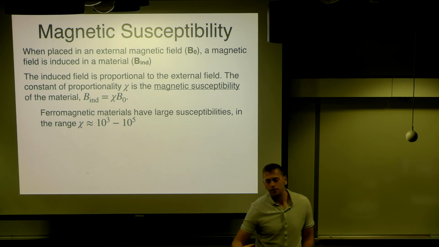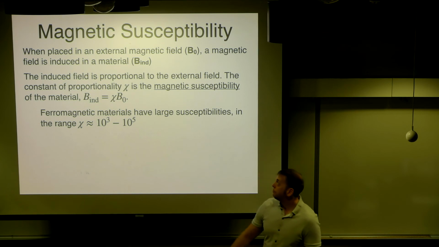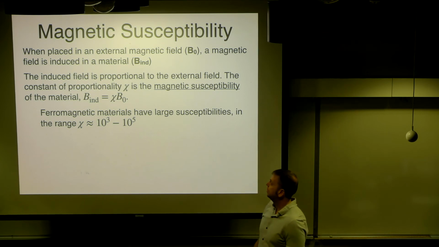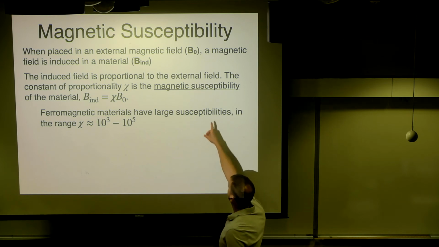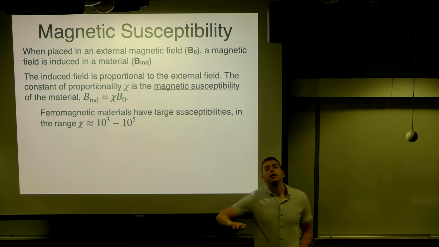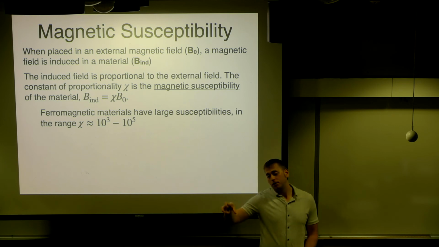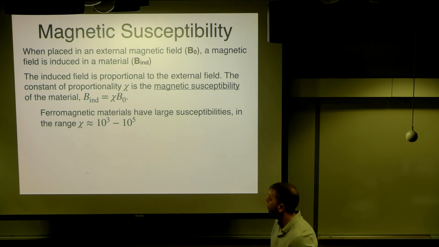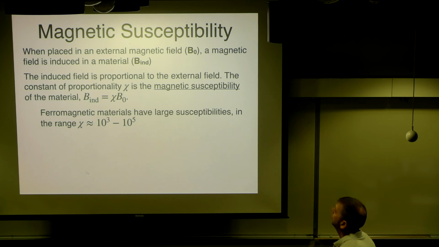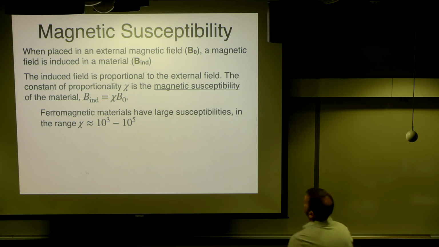In other words, there is a magnetic field created within the material as a result of that, and we call that field B induced. It turns out that the induced field is proportional to the external field. So if I expose my material to a very weak field, it's going to have a weak induced field. If I expose it to a very strong field, it has a strong induced field. Turns out they're just directly proportional to each other.